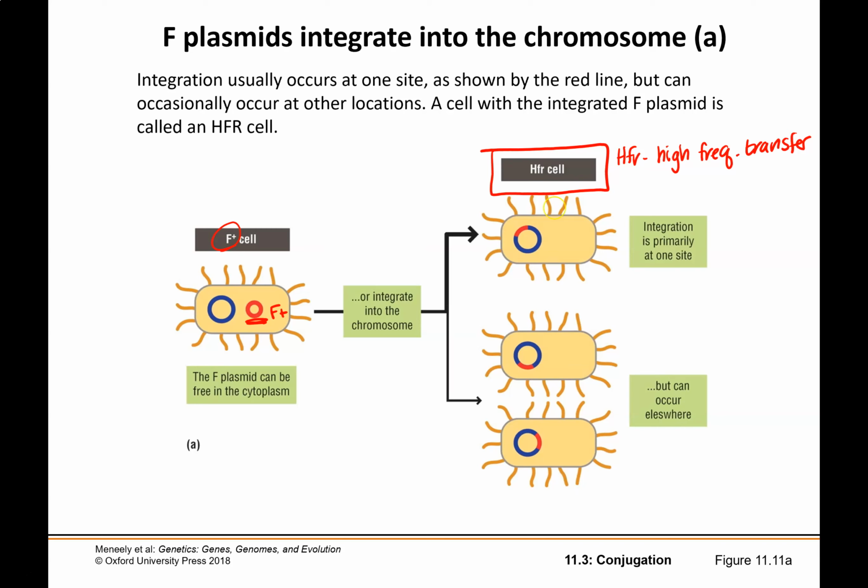Generally this happens at a specific site where the sequence of this fertility factor is similar to a region in the host genome, which is why this generally occurs among related organisms, related species. It can, though, integrate into other parts of the chromosome, and that's what these lower cells are showing.